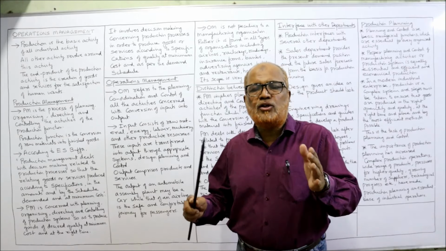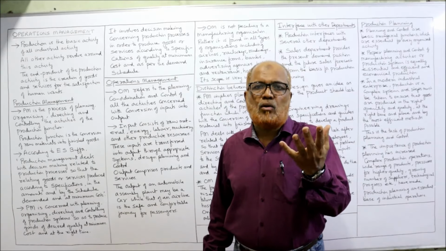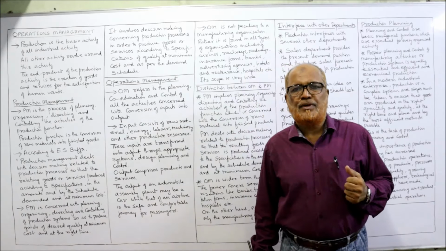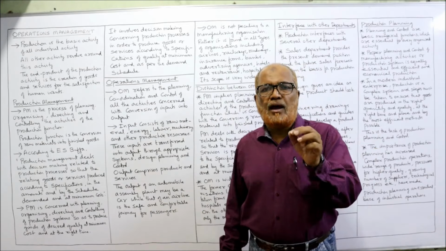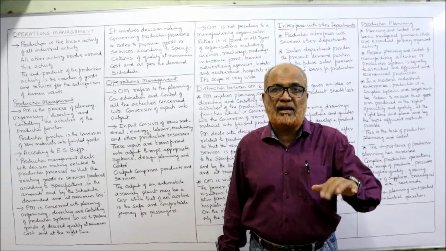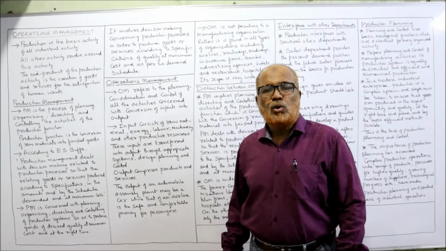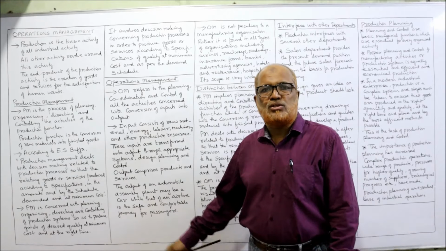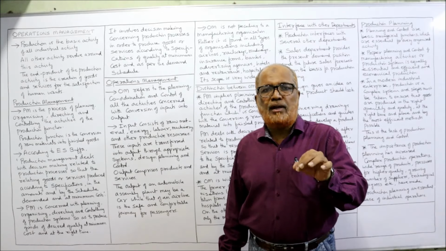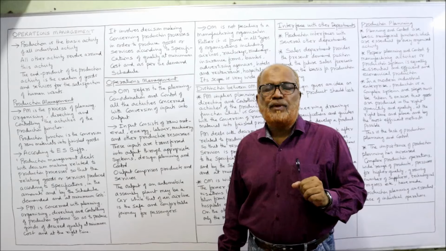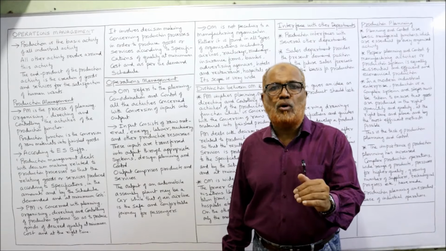Decision making relating to the production process, so that goods should be produced according to specification, in the amount, meaning how much quantity, and according to the scheduled demand, meaning when it is required, and at the minimum cost.